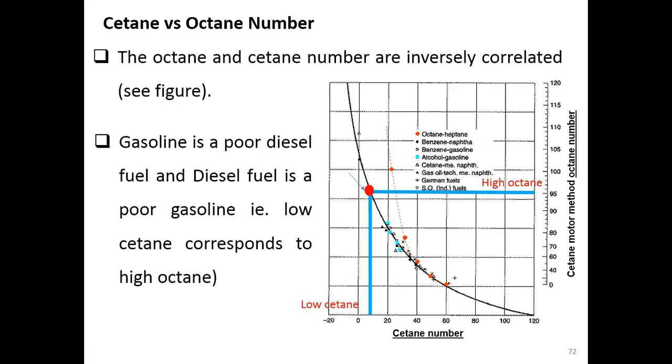For the CI engine, the combustion problem is not that complicated compared with the SI engine, because ignition and combustion happen together almost immediately. Ignition happens, combustion happens. But for the SI engine, ignition happens and then you have to wait until combustion happens.